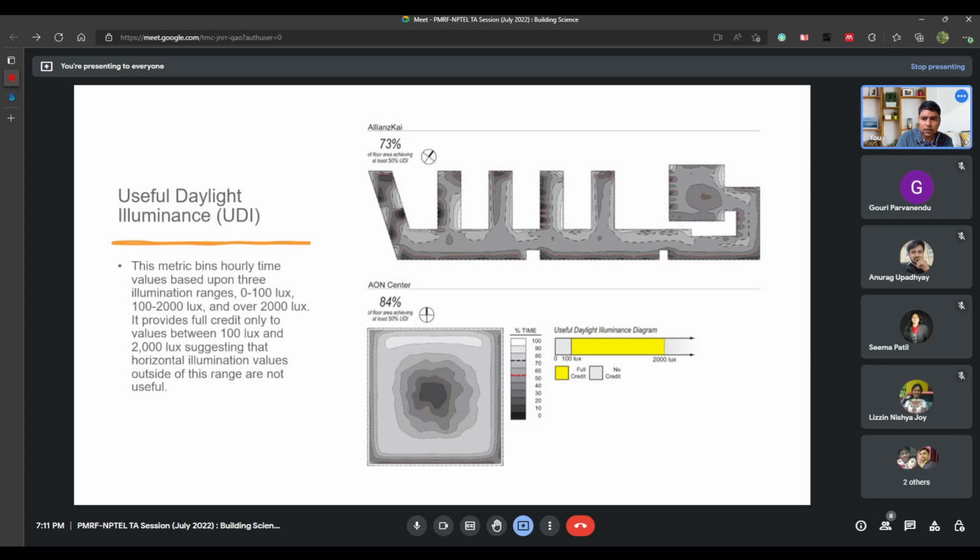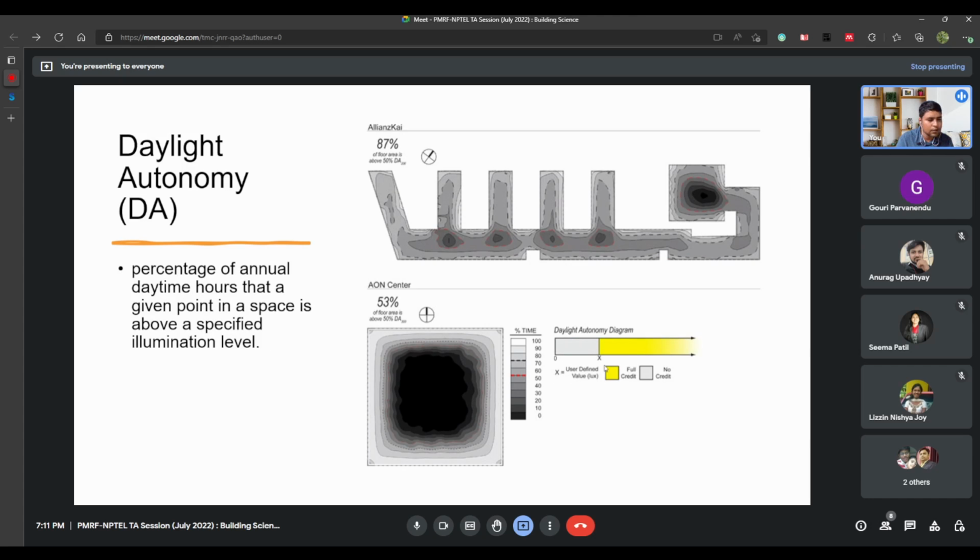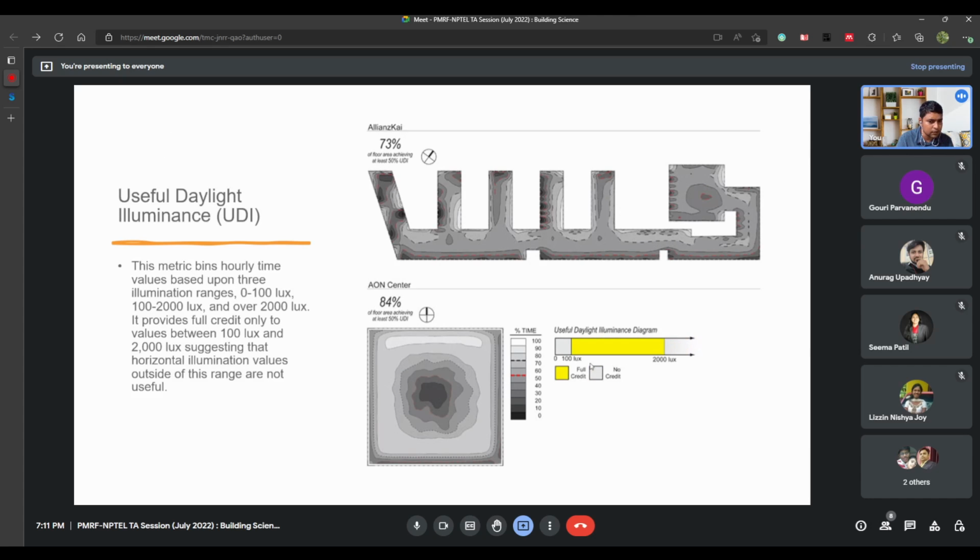Another case is useful daylight illuminance, where instead of using one single threshold value, you keep a range. Because if the illuminance level is beyond 2000, 3000, 4000 lux, it might not be appropriate for you. You don't need that much light. It might result in discomfort, so you put a range.